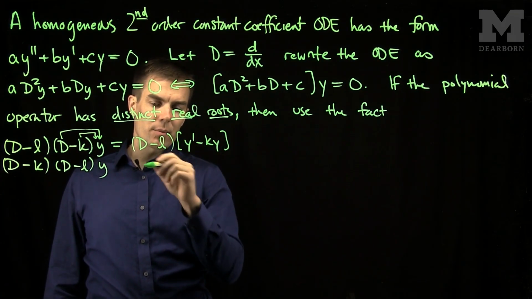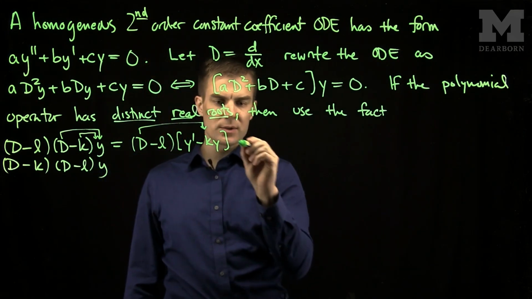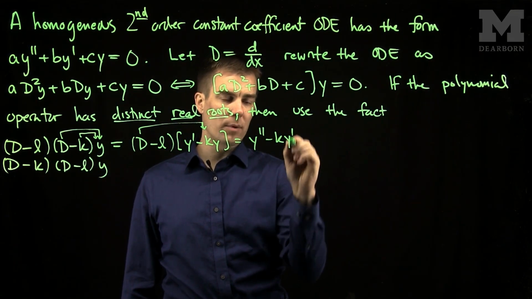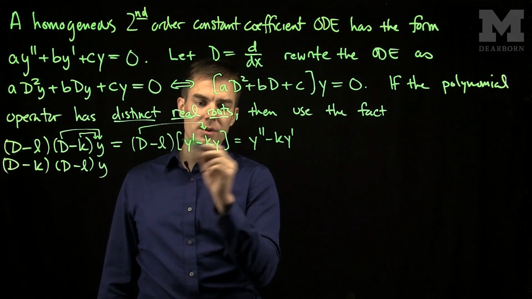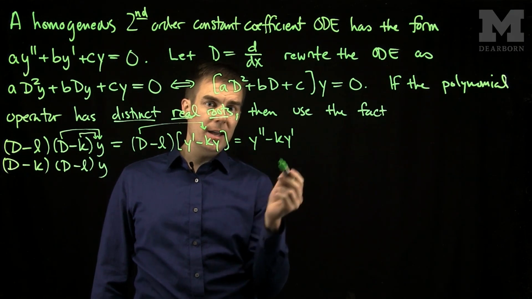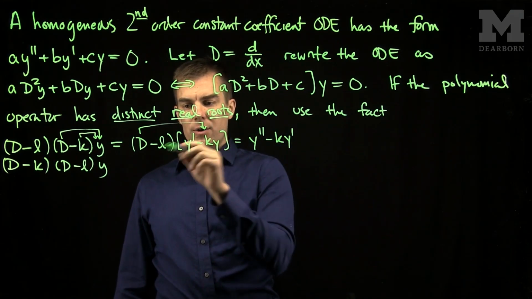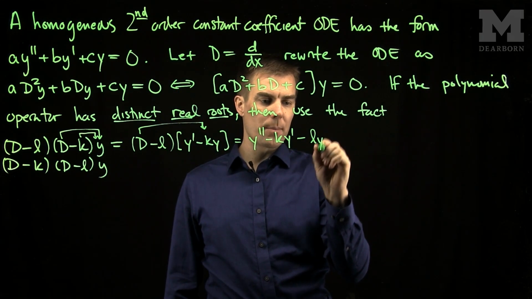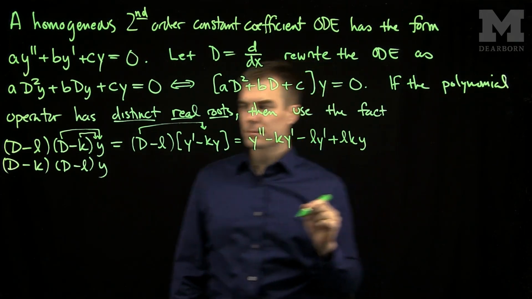Doing the differential operation again, D applied to the whole term in parentheses gives me y double prime minus K y prime, where here I need to use the fact that K is a constant, since I can pull the constant out of the differentiation. Finally, I do L applied to this operation, and I have negative L y prime plus L K y.